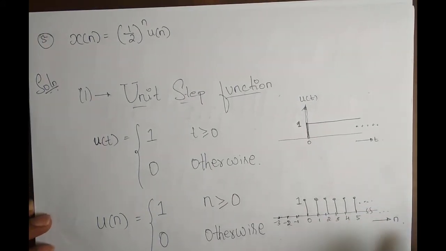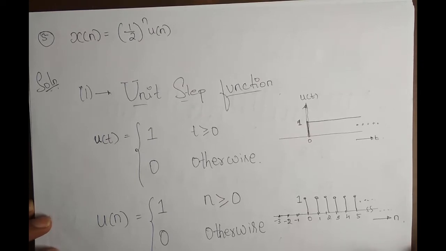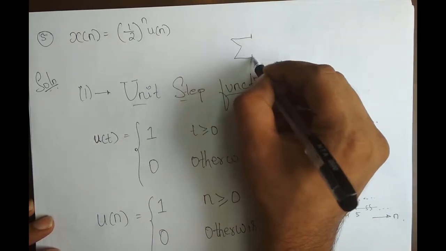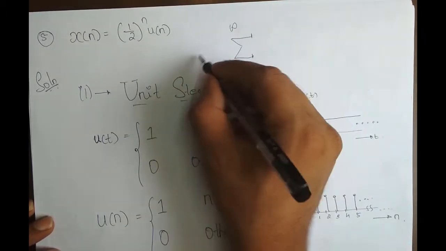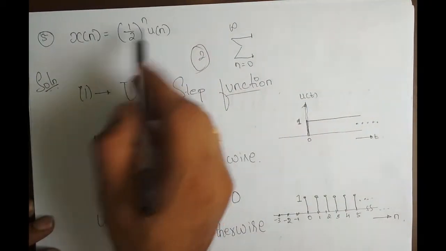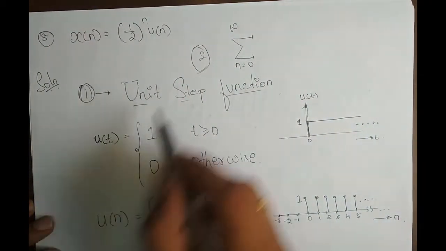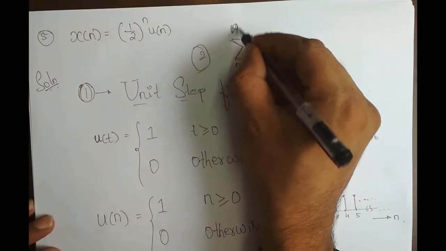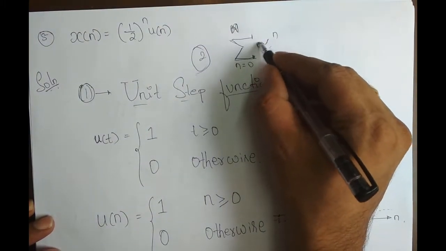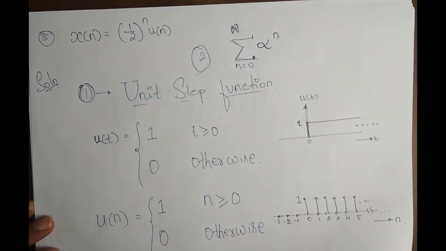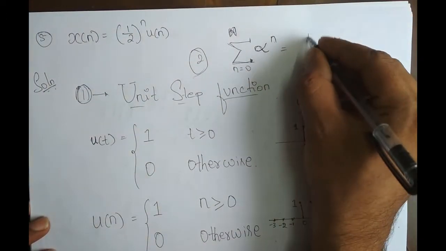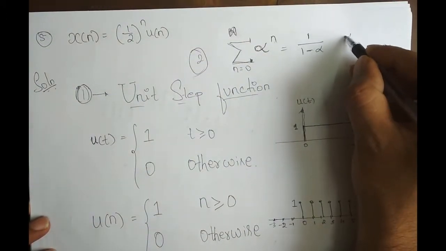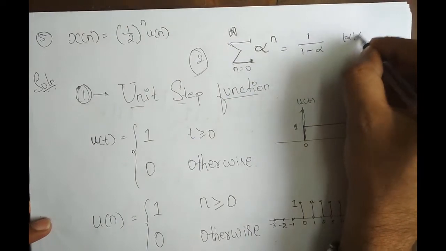Now one more standard result we have to get to know to solve this problem. This is point number 2. To solve this problem, point number 1 is the unit step function, and point number 2 is this standard result. Summation n varying from 0 to infinity of alpha power n is given by 1 divided by 1 minus alpha, provided the magnitude of alpha is less than 1.